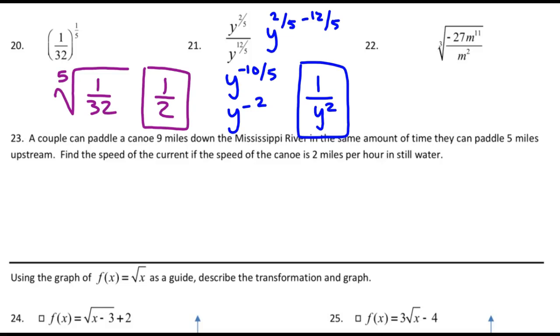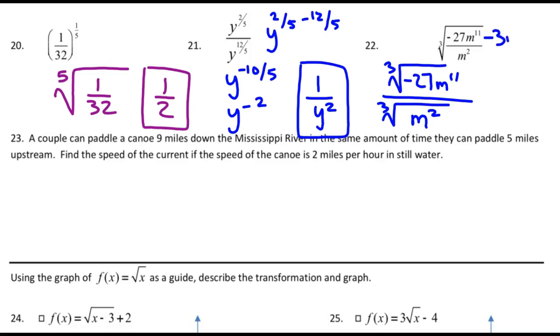The next one, we have another radical of a quotient. So we have the cube root of, I'm going to break this up, negative 27 m to the 11th over cube root of m squared. Numerator stuff has the ability to simplify a little bit. So negative 27 is a perfect cube, negative 3, and then m cubed.